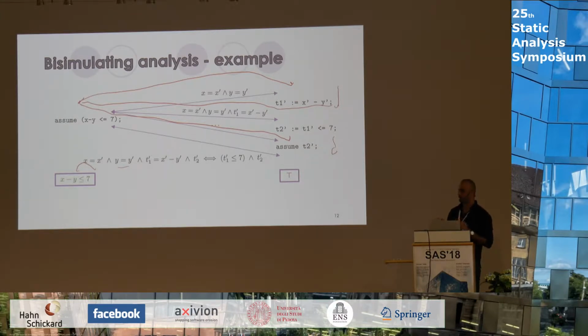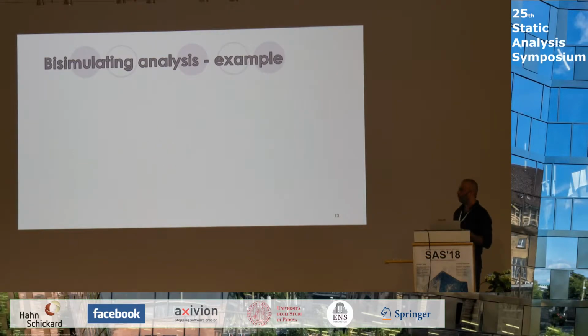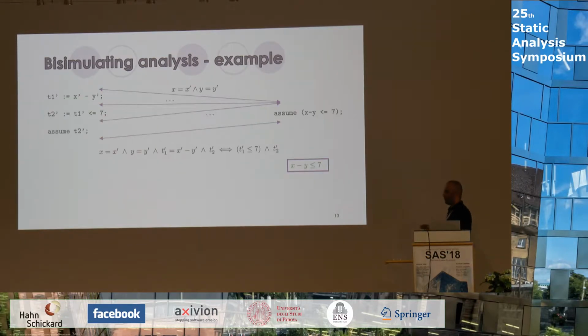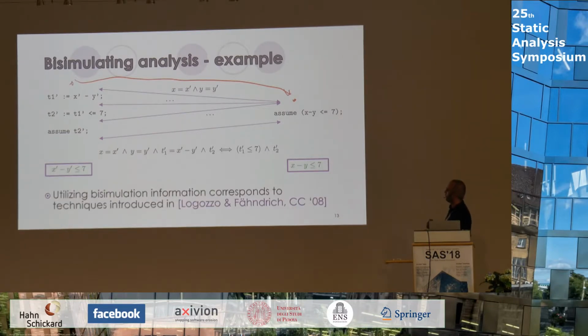Now, because of the duality of biosimulations, we can invert the roles of source and target, right? So now we can essentially analyze the target by analyzing the source. So again, we can start with some state here. We're going to jump here.